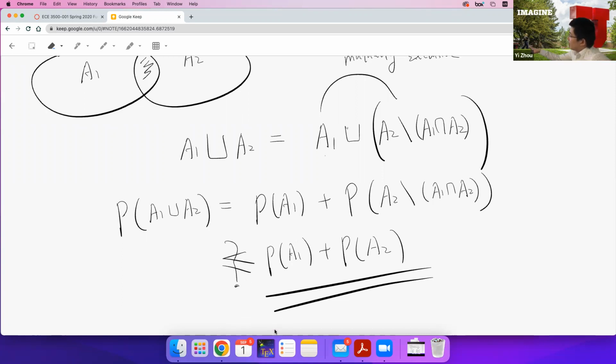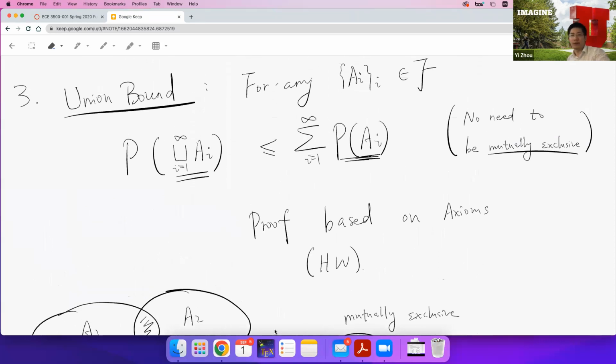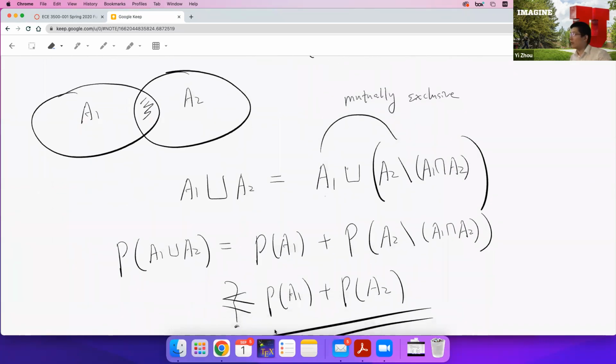This only works for two events, so you need to prove this for an arbitrary number of events. Once you get this idea from the two events, it straightforwardly generalizes to an arbitrary number of events.